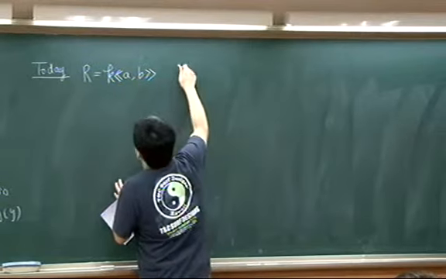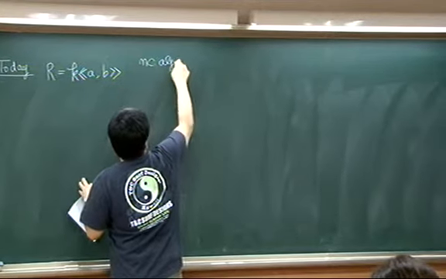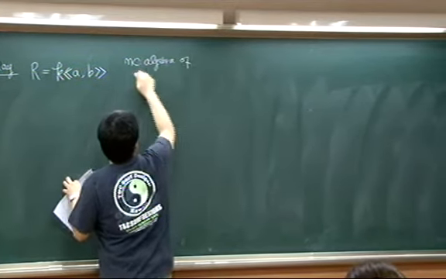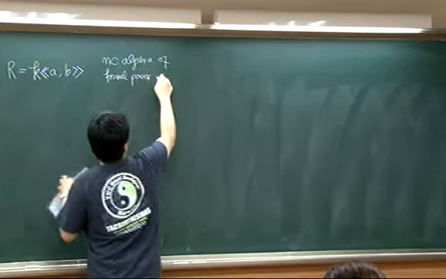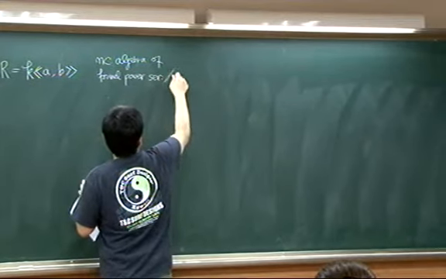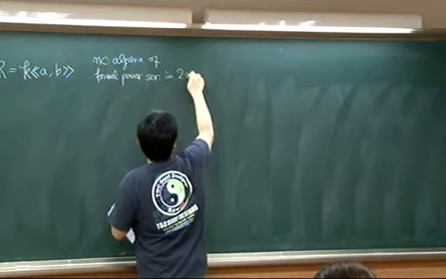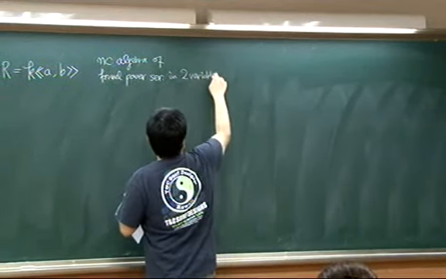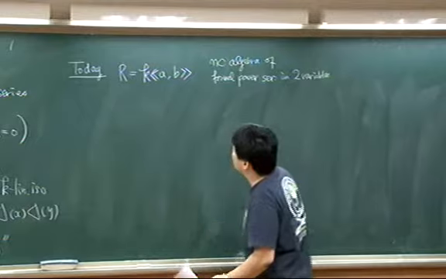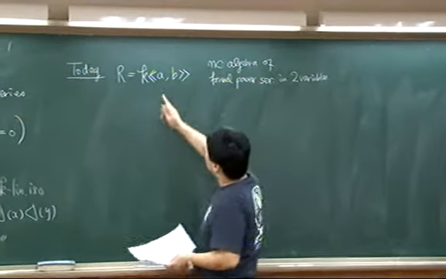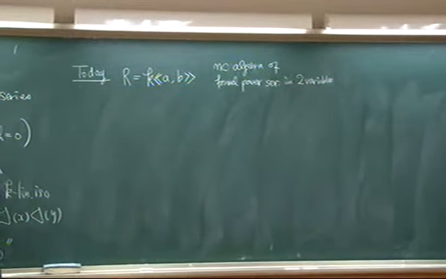Here R is a non-commutative algebra of formal power series over K in two variables over K. And this algebra has a natural grading, so this algebra has a natural topology.